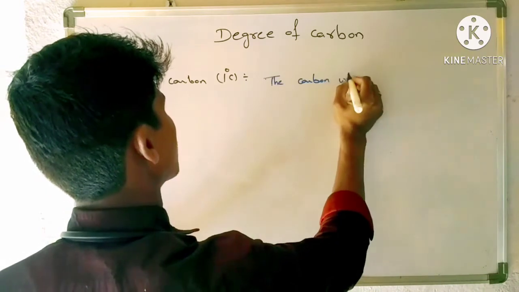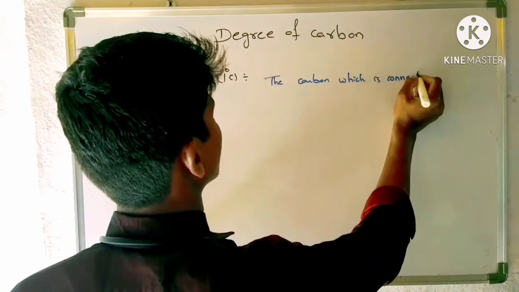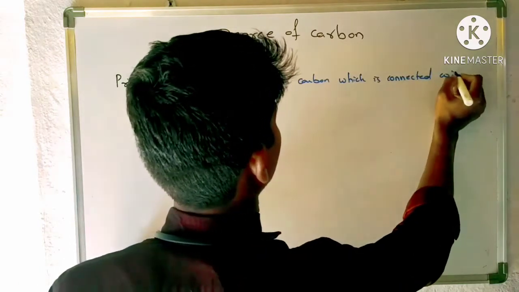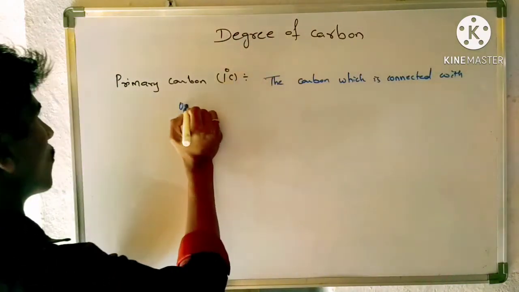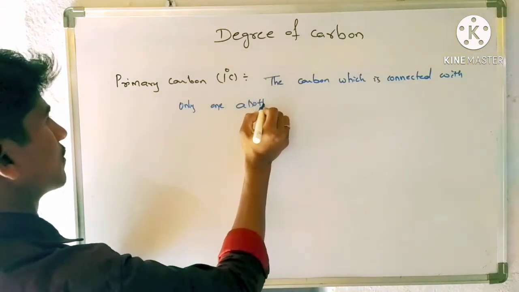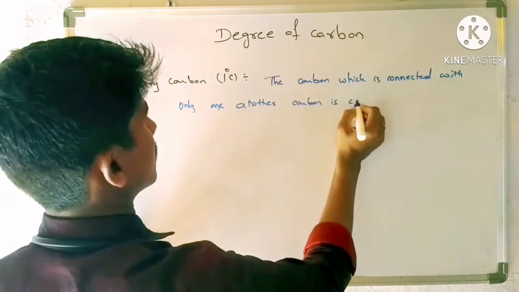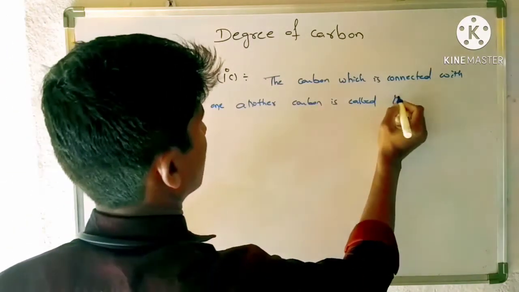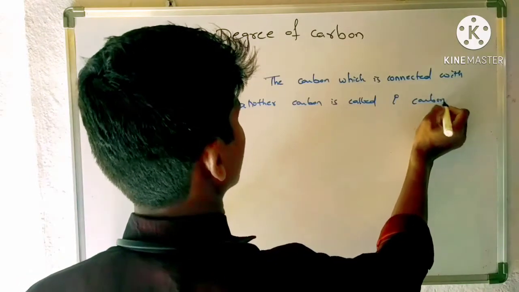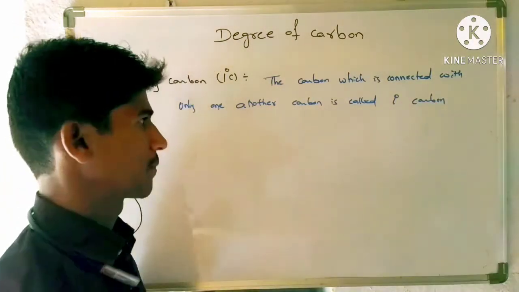The carbon which is connected with only one other carbon is called primary carbon.